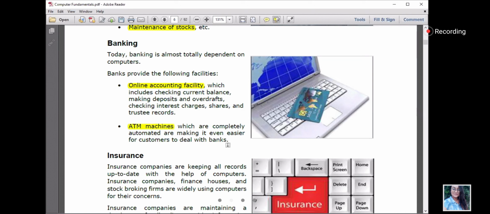Then we have ATM machines. You will see only some functionalities in ATM machines. There will be limited functionalities, but remember, in all ATM machines Windows is installed, like our normal PC.